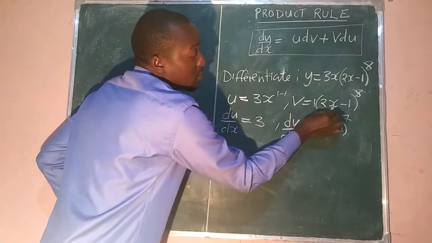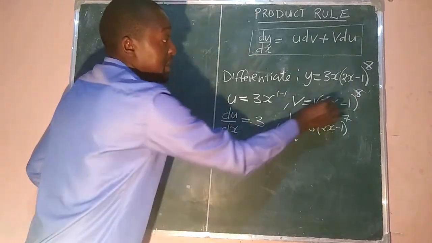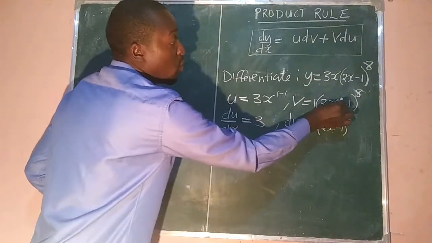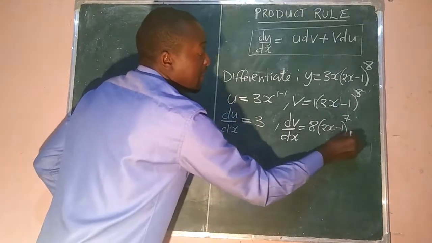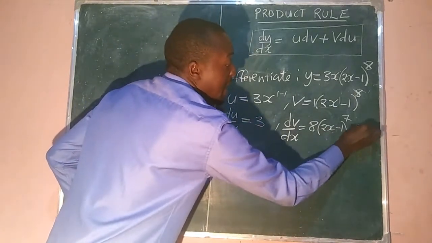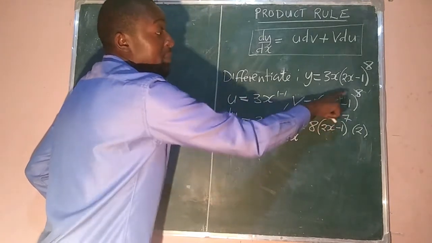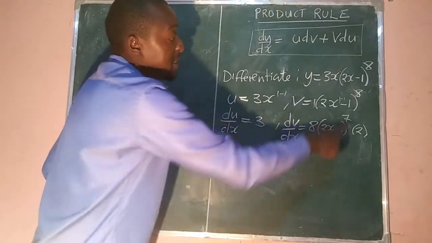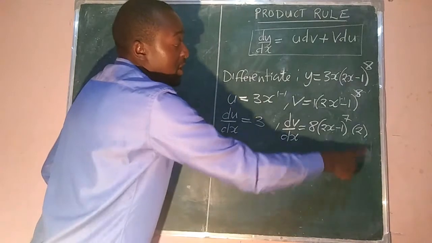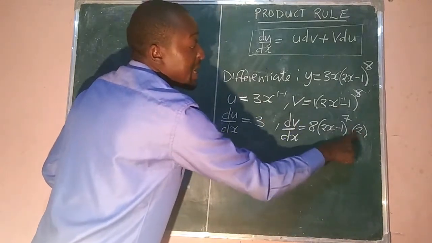Then you differentiate what you have in the brackets: this one has a power of 1, so 1 times 2 gives you 2, the x disappears, and the constant is 0. So when you differentiate in the brackets, you end up with 2.